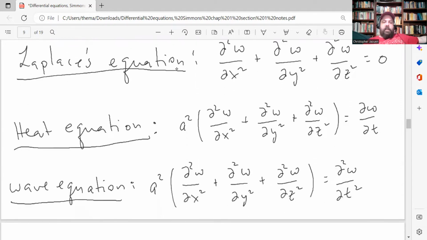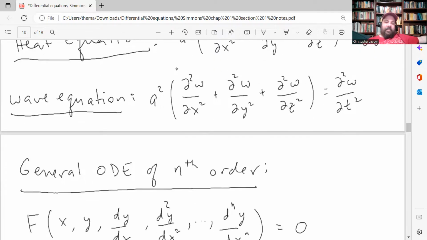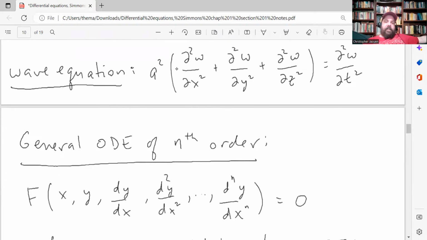The second one is called the heat equation, which is what led to Fourier series. And then the wave equation too, which is another classically famous partial differential equation. Okay. And so that's basically 1.1.